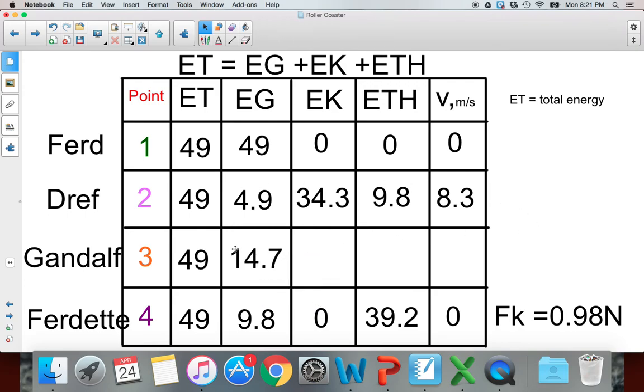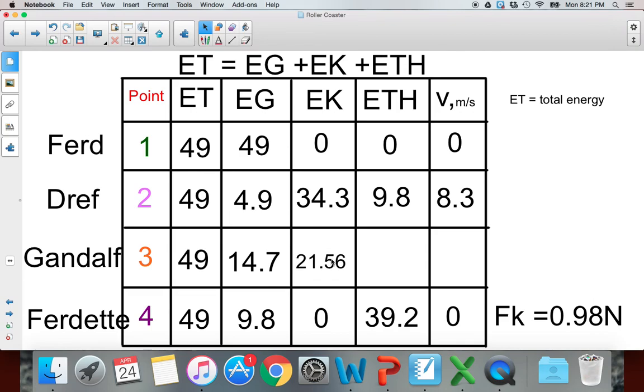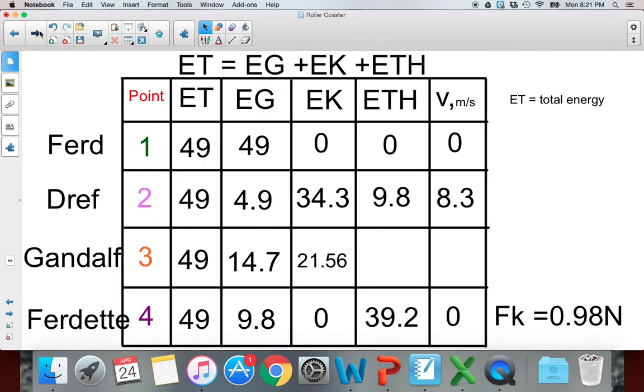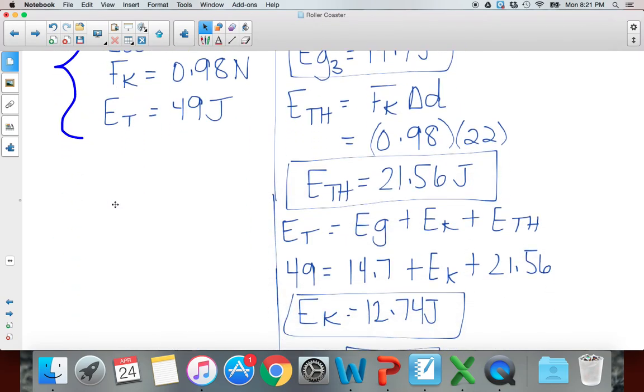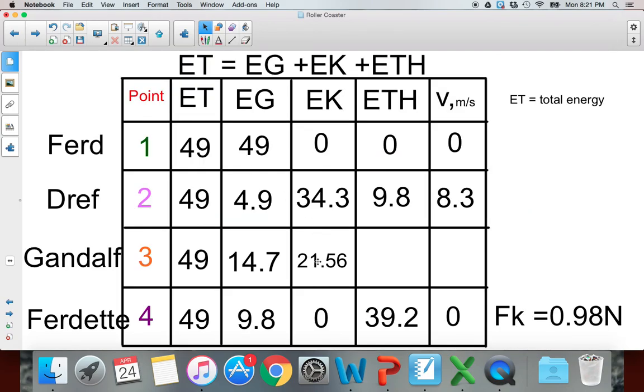See, no one can correct me, I have to correct myself. 21.56 was the thermal, if I remember correctly, and 12.74 for the kinetic.